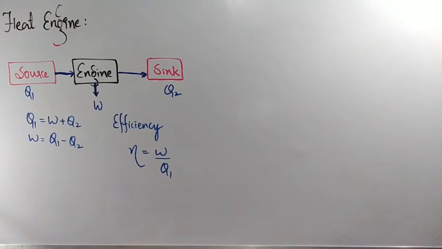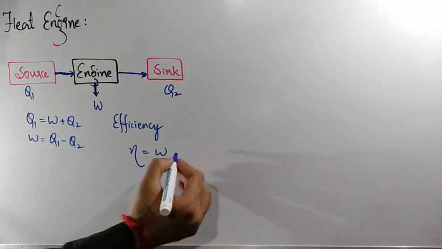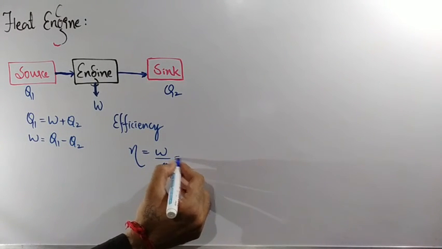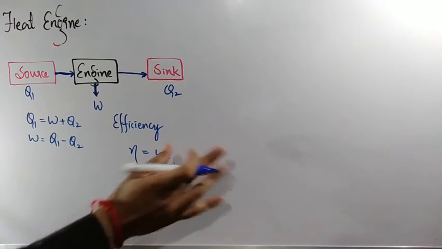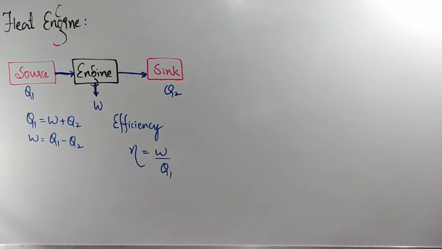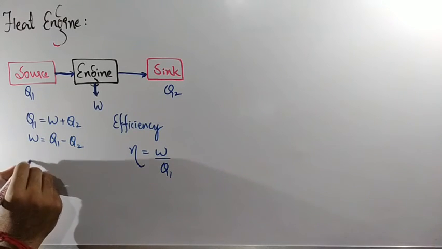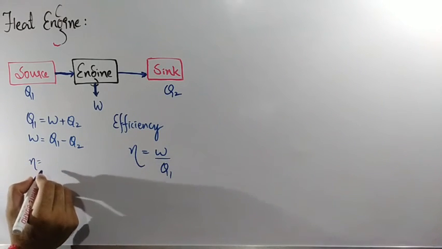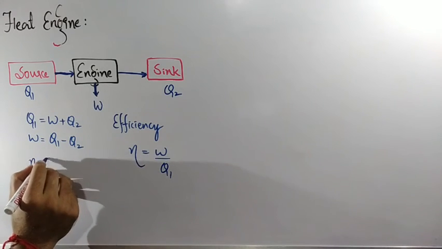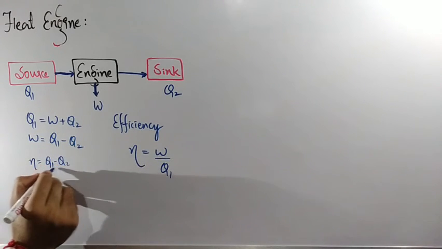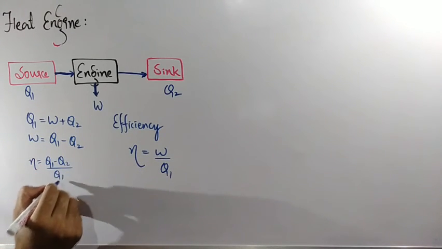If I substitute the W value, Q1 minus Q2, eta is equal to Q1 minus Q2 divided by Q1.